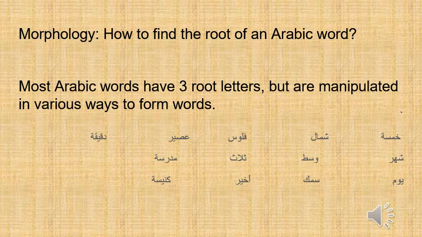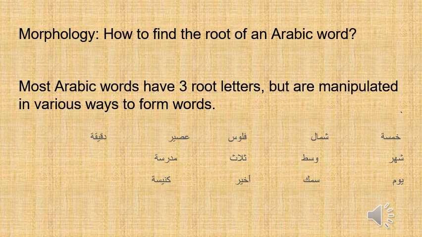Here the waw has been added, so the root is fa, lam, sin, and that u in the middle is not part of the root. Thalatha. Again, that alif has been added, so the root would be tha, lam, tha. Akhir, the ya has been added, so the root would be hamza, kha, ra. Asir, the ya has been added, so the root is ayn, sad, ra.